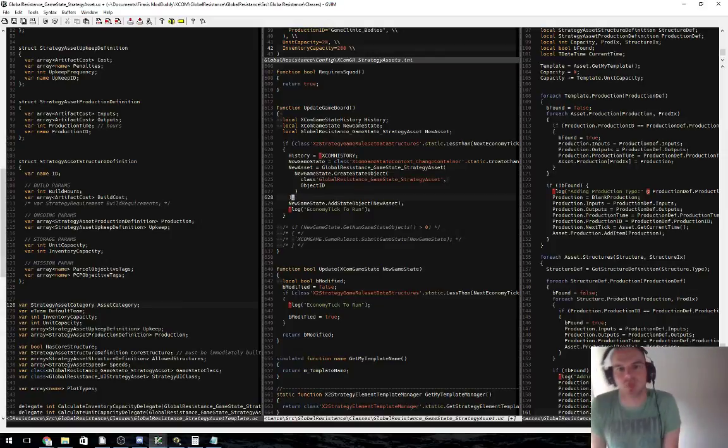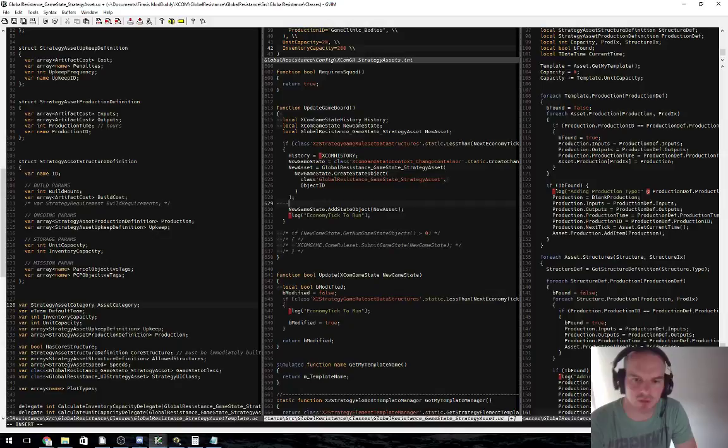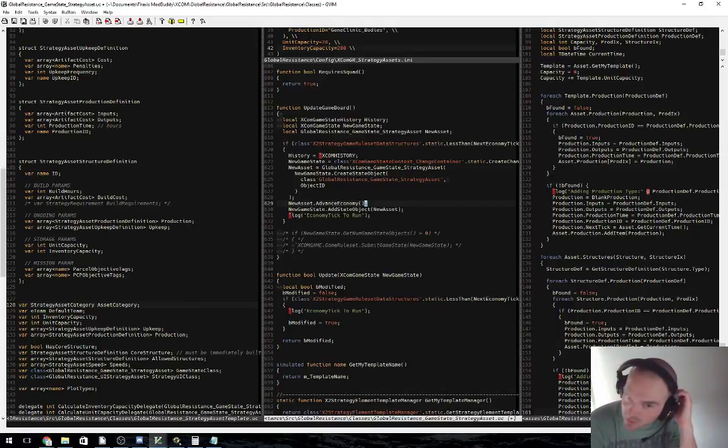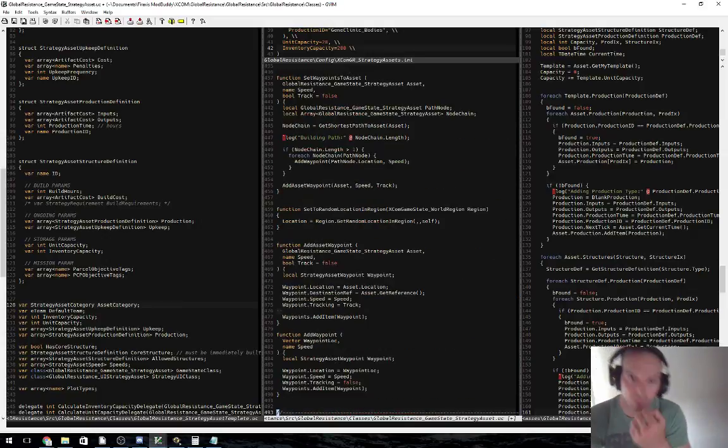Alright, so how do we handle this now? What we should do, since it's a method, probably the easiest way to do this is to go new asset, advanced economy. So this advanced economy method will iterate over everything, essentially do the same checks as lowest economy tick, except this time it will act upon whatever the thing is to bring it to the next step.